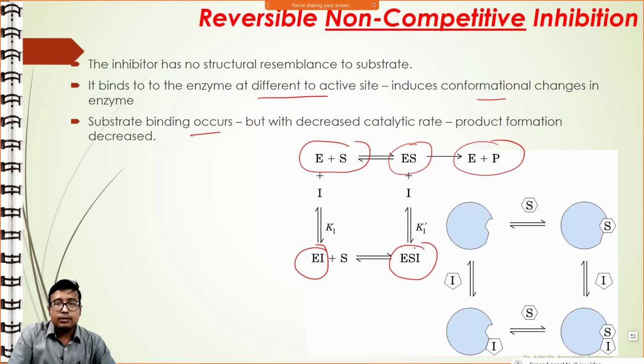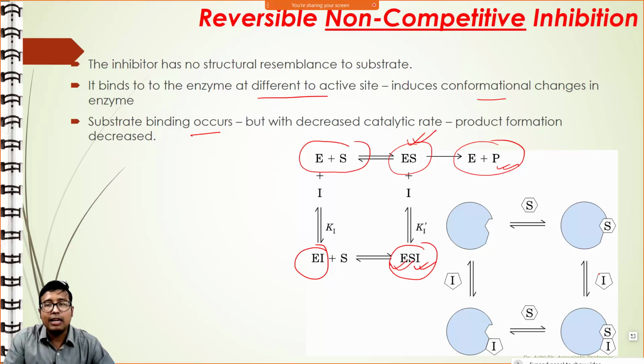So this will ultimately lower the formation of the enzyme substrate complex, because some amount of ES or some amount of E is already involved in the formation of ESI. So product formation will be lowered. This is the diagrammatic representation.